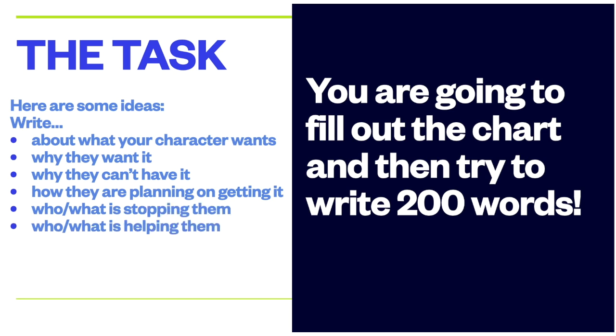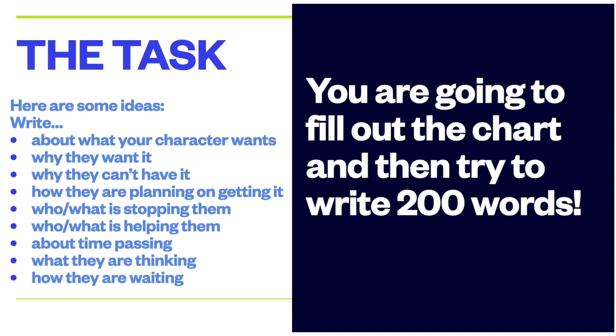You can write a sentence about who or what is helping them, or who they hope would help them. You can write about time passing, like how they're bored waiting, how hard it is to wait, right? You could write another sentence about what they're thinking while they're waiting, or how they're waiting. So right there, boom, look at all those different ideas you could put. If you put one sentence for each of those, you're going to have 200 words, okay?